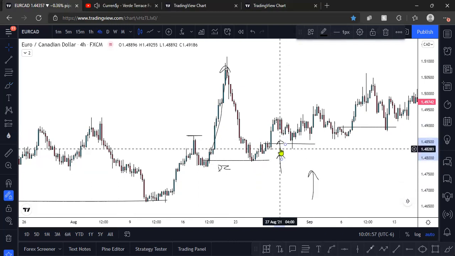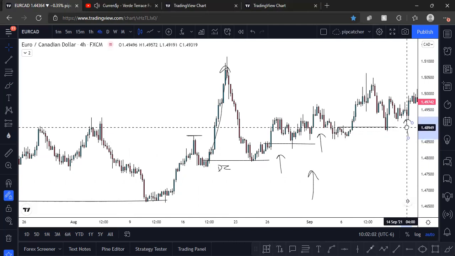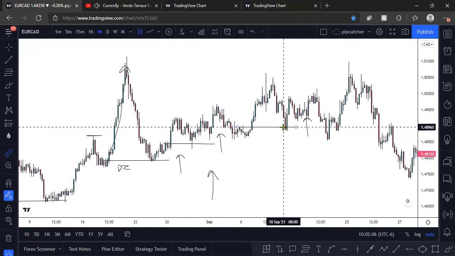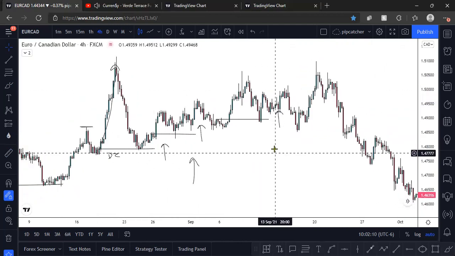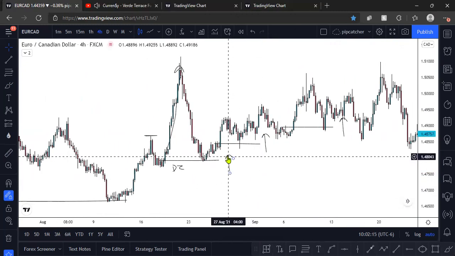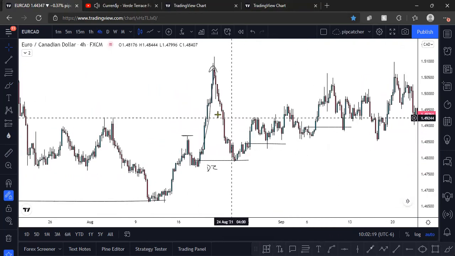Buying here, and another break of structure leads us to buying here. 119 pips, not bad. But yeah, guys, that's how you can incorporate using demand levels in your trading.